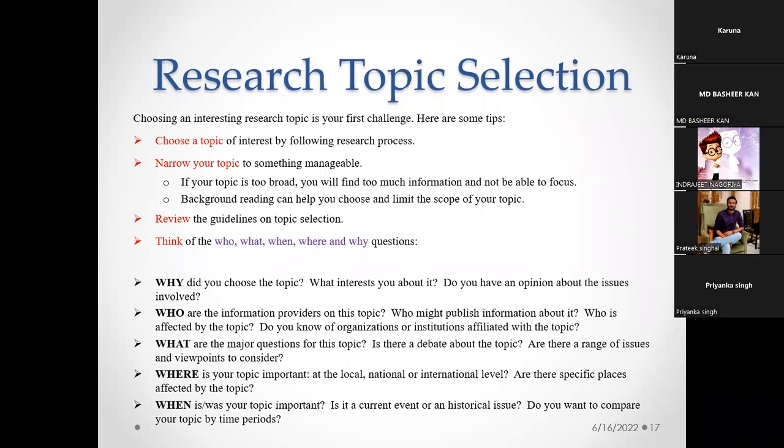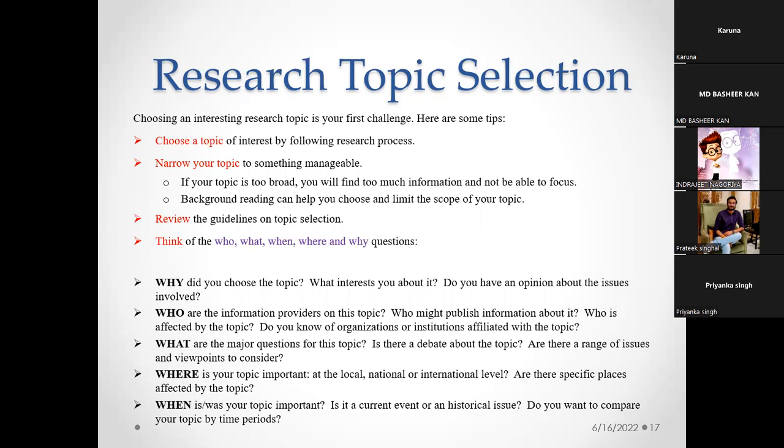Once you narrow your topic, try to review again, whether you need any changes, or want to add or remove something. Then finally, after reviewing all, think on it by asking questions like who, what, when, where, and why.